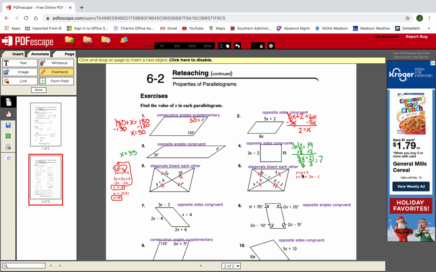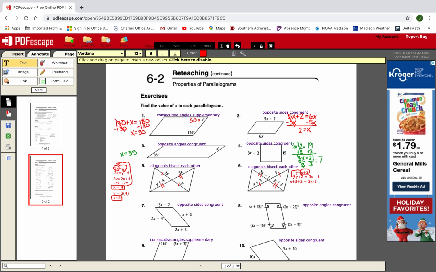So I'm going to take the fact that y equals x plus 3, I'm going to put that in here for that y. Okay? So then I will have an equation that just has x's in it. So now I have, instead of putting that first y in there, I'll put x plus 3, and then bring down the plus 2, equals 3x minus 1.